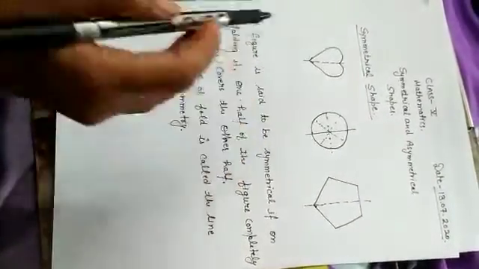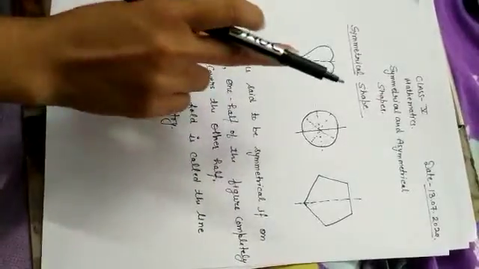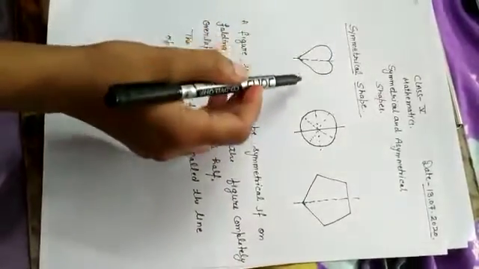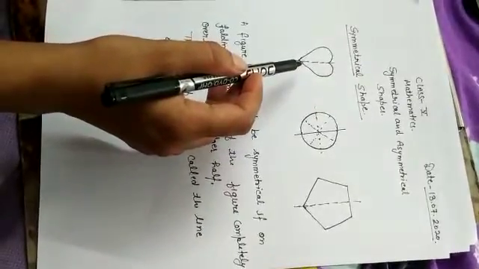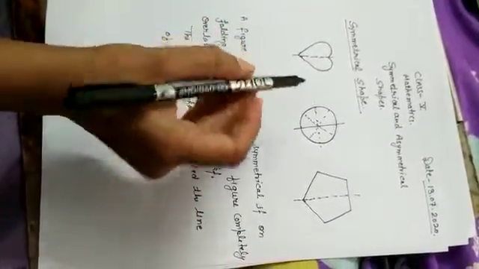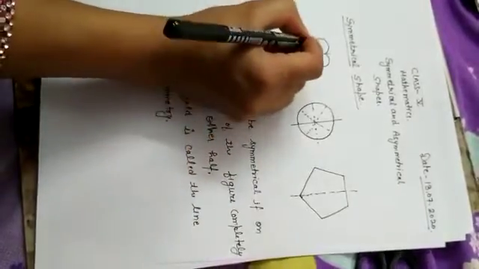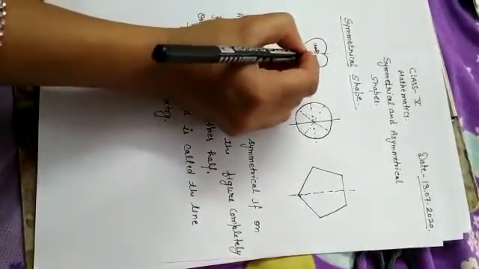Can you fold it exactly halfway so that there are two halves, one half and a second half?